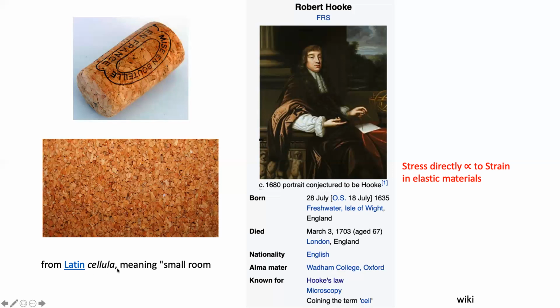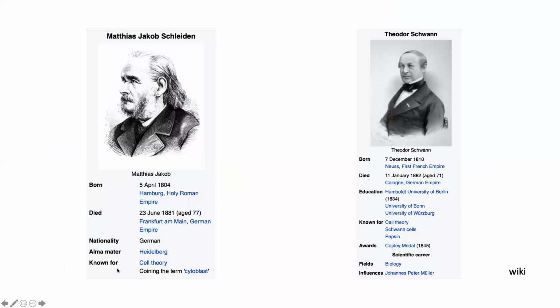Then the term cellular. With time, two scientists from Germany, biological scientists, started saying that human beings and any living things are made of multiple cells.